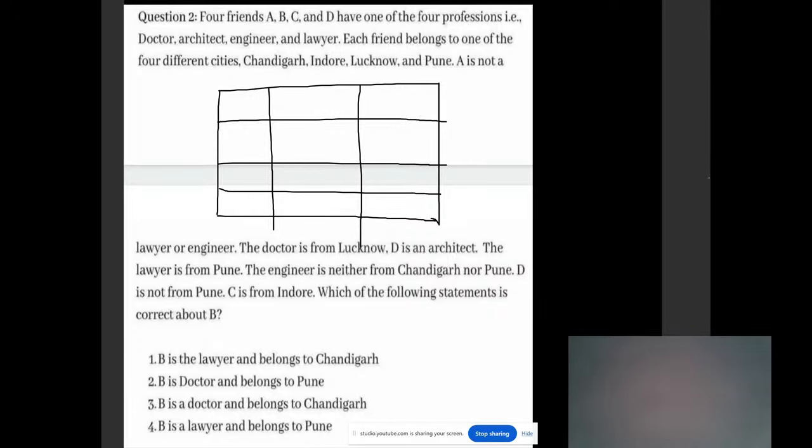We have only four professions. So first, let us take the first one as A. They said that A is not a lawyer or engineer, so lawyer and engineer are cancelled. We are left with doctor or architect. So A can be a doctor or architect.